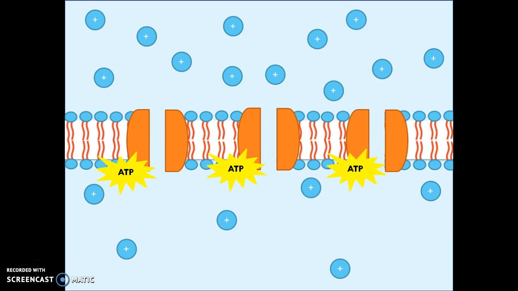So we create this really high concentration of hydrogen ions outside the membrane and a low concentration inside the membrane. This is going to allow this high gradient to be formed, which then these particles can rush back in, and we can use the release of energy from the passive transport to fuel our production of energy by our mitochondria. But in order to create that high concentration, we need to add energy first.